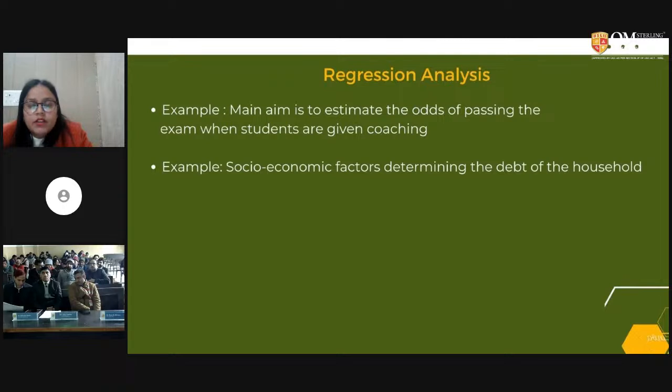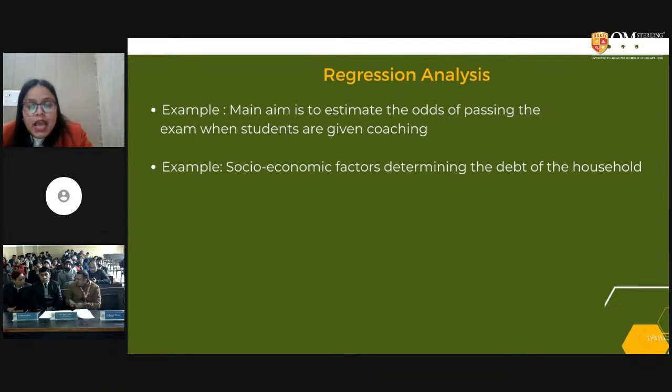For example, your main aim is to estimate the odds of passing the exam when the students are given coaching. So here, the odds of passing the exam, whether the student will pass or fail, when the students are given coaching, we want to understand. One more example we can consider is socio-economic factors determining the debt inclination of the household.